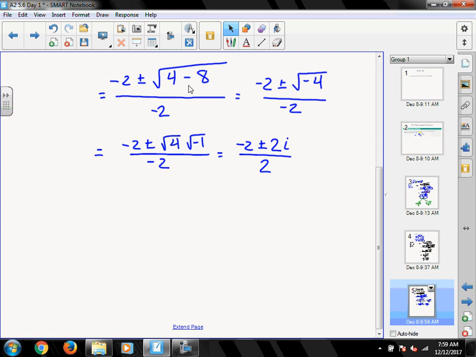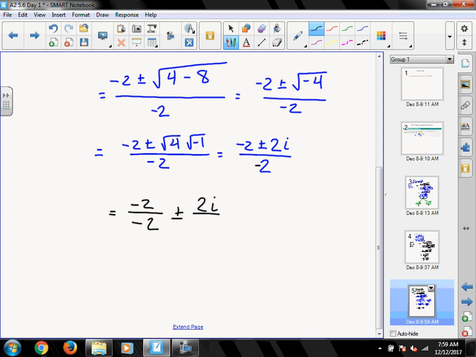Now, there's a couple different ways that you can simplify this. Hopefully you guys can all recognize that something's got to happen because I've got 3 negative 2's going on here. We got to reduce our fraction. In order to do that, we're going to split this into 2 fractions. So it's going to look like negative 2 over negative 2 plus or minus 2i over negative 2.